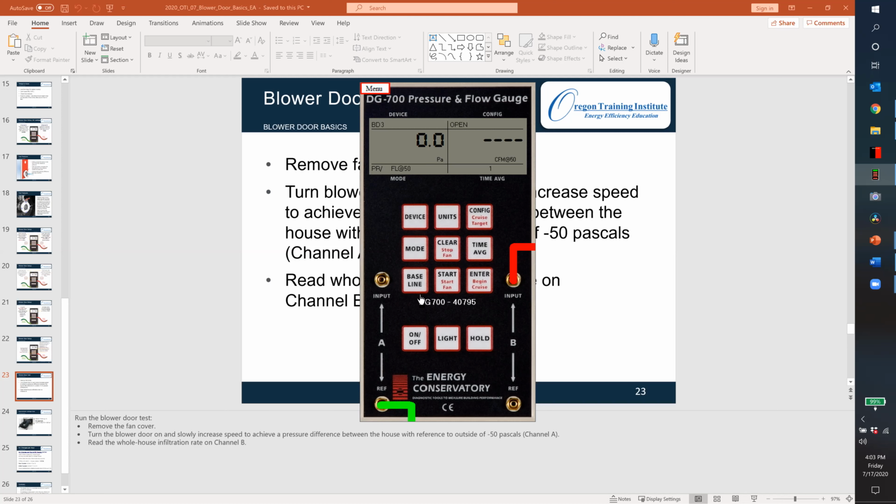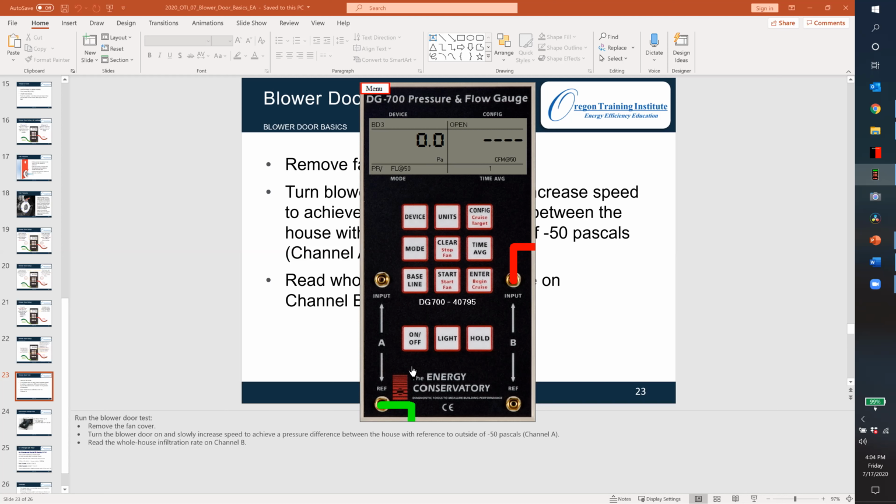And the baseline pressure is just what the natural pressure is in the house at that given moment, which is going to change, fluctuate all throughout the day and throughout the year. But we just want to know what it is at that moment in time so we can take an accurate reading.